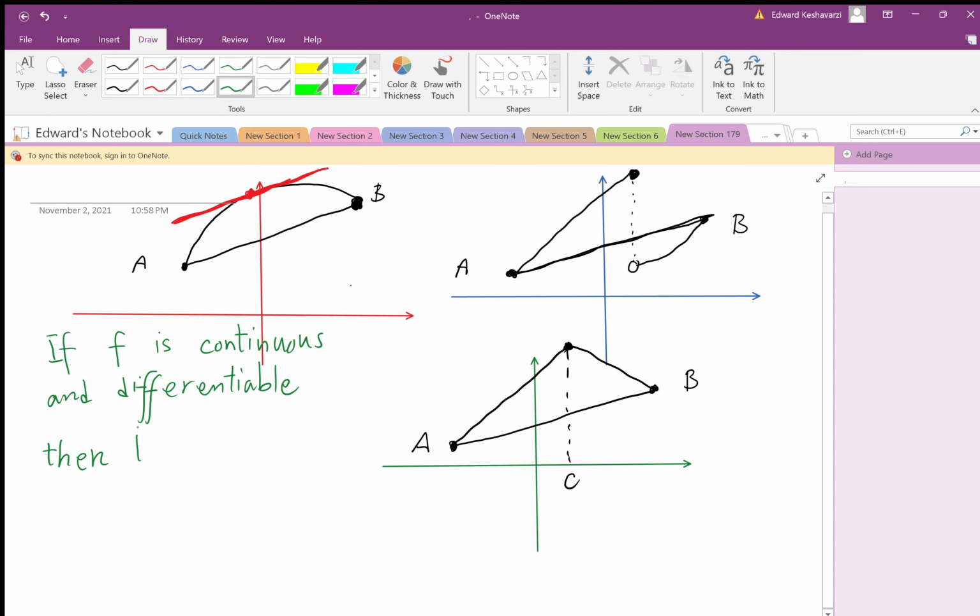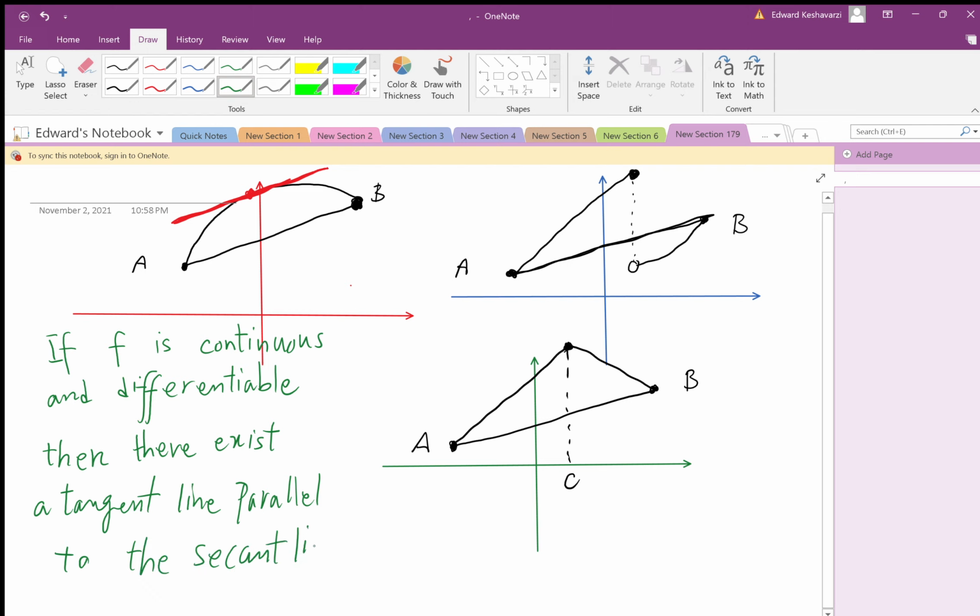So there exists a tangent line parallel to the secant line, or segment AB.